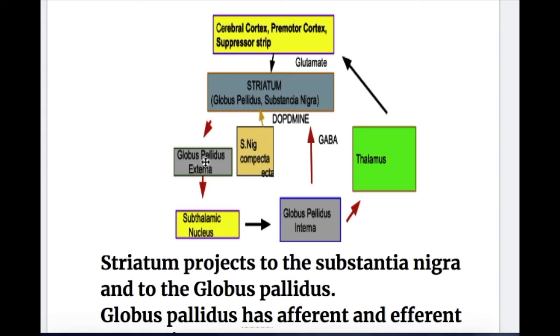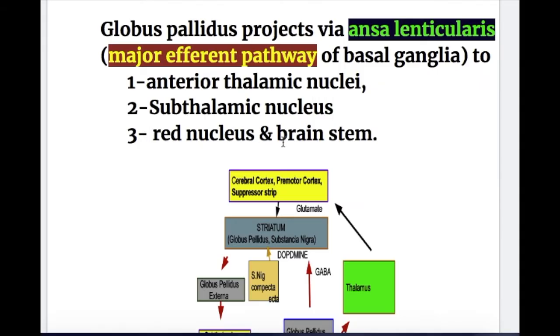And globus pallidus has afferent and efferent connections via ansa reticularis: number 1, to the thalamus via globus pallidus interna, and via globus pallidus externa to the subthalamic nucleus of Luys. And not shown here, globus pallidus also has projections to the red nucleus and parts of the brain stem.